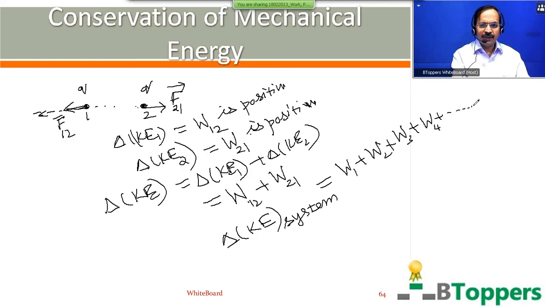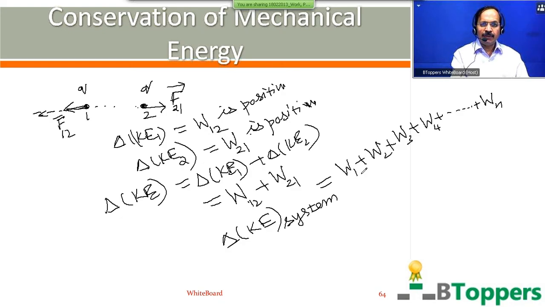So W1, W2, W3, etc. up to Wn represent the work done by individual forces on the system. So in general, the change in the kinetic energy of a system of particles is equal to the total work done by all the forces, including internal forces and external forces.